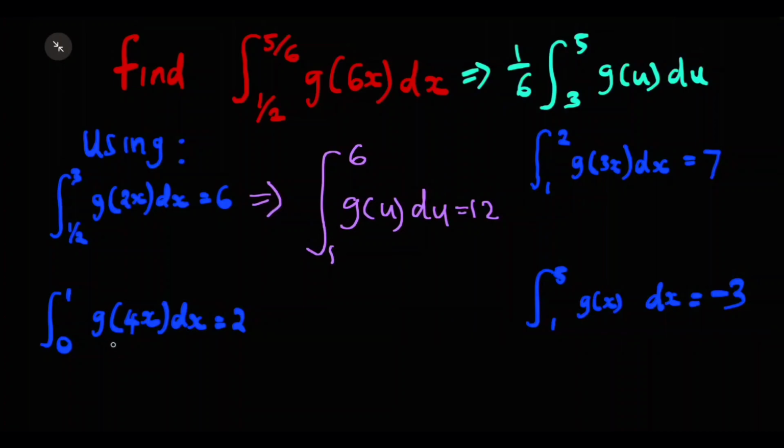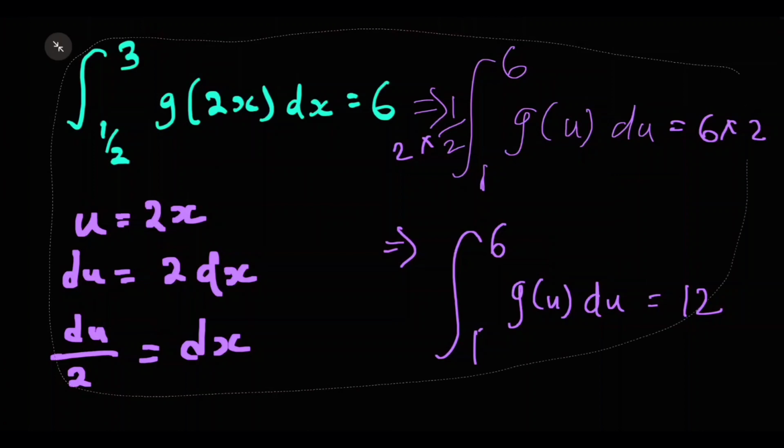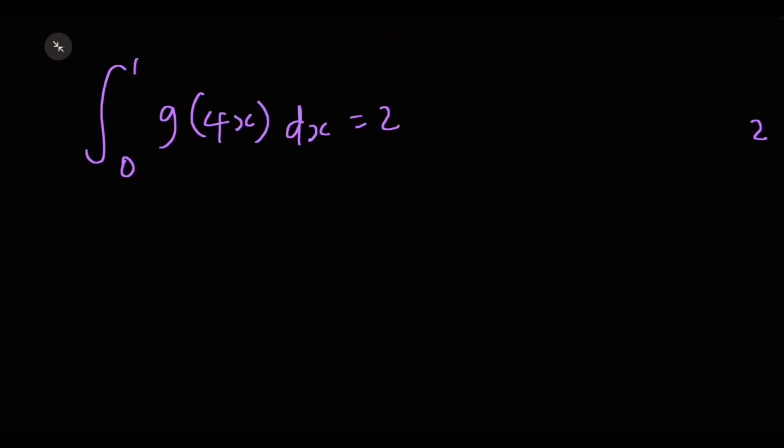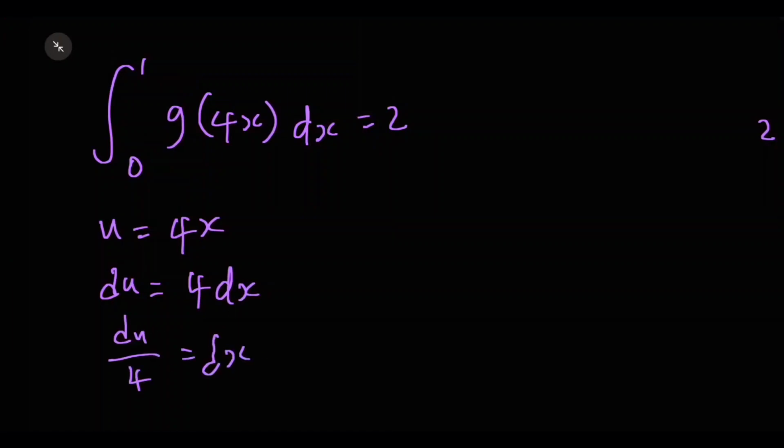So let's do the same thing for this expression from 1 to 0. So we have from 1 to 0. Let's say u is 4x. So du is 4 dx, and du over 4 would be dx.